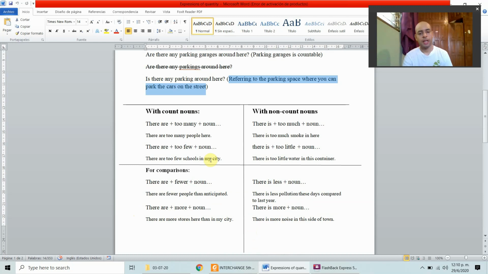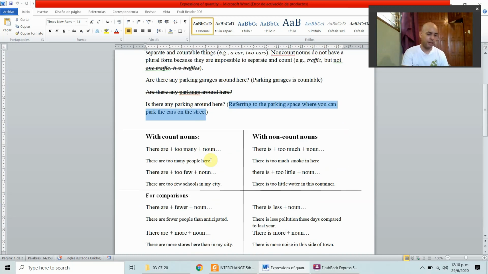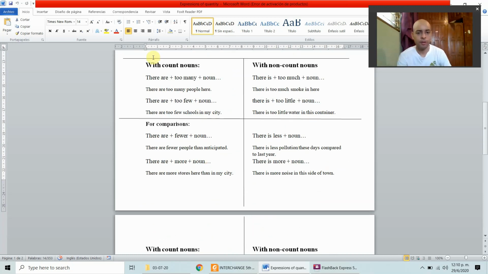So let's take a look at some expressions of quantity now. These are expressions of quantity to express something that we perceive, something that we see someplace, or what we think. There are too many plus noun.